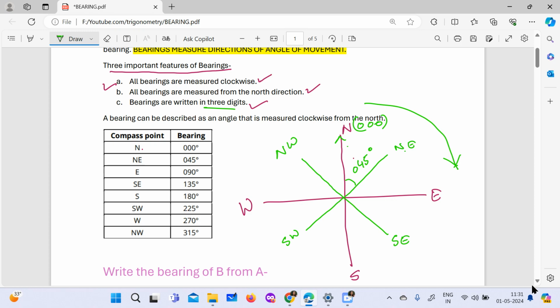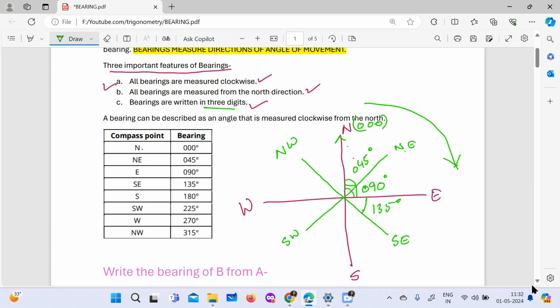And then from here to here, it will be 90 degrees. Since bearings are written in 3 digits, I will write it 090. I hope this much is clear. And then let's go to southeast. From here to southeast, it will be 135 degrees.